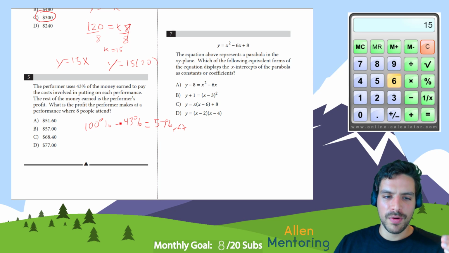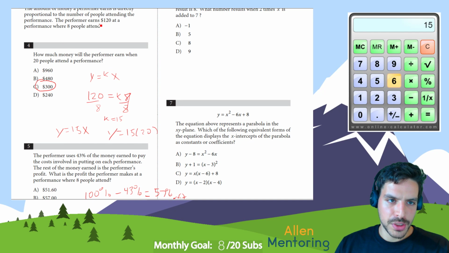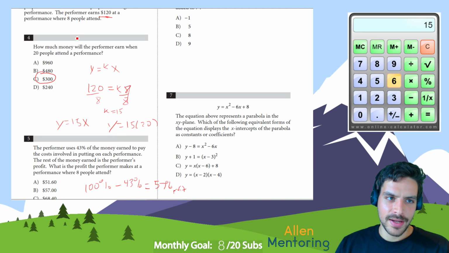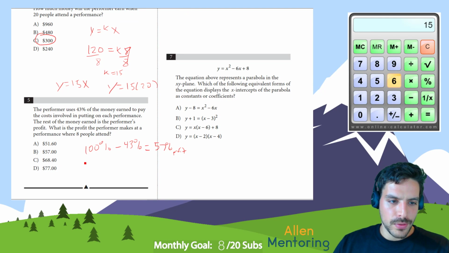How do we find out what 57% is of $120, right? Because they said if 8 people attend, he makes $120. So how do we find out 57% of $120?